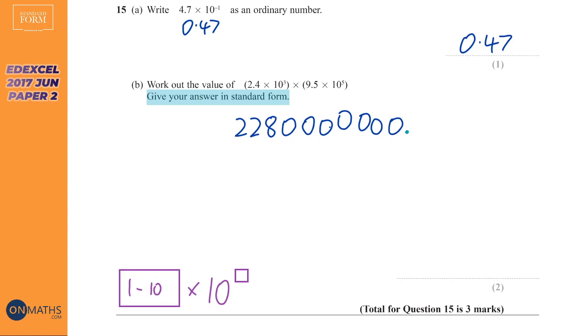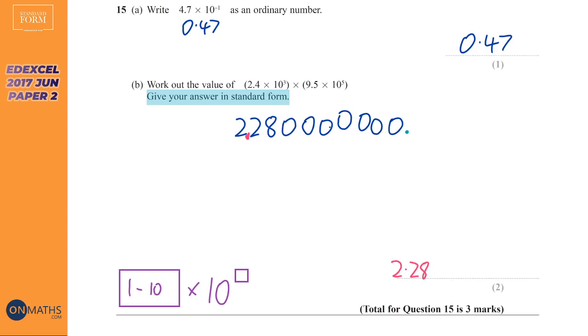Then you've got to figure out where you want it to be. Where we want it is in a position that makes this a number between 1 and 10. So if it goes here, that becomes 2.28, which is between 1 and 10. So we already know that the number will be 2.28.